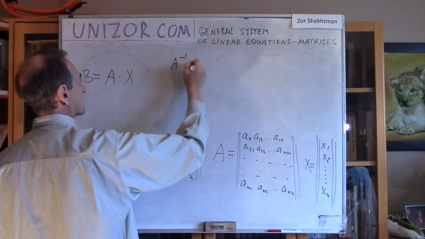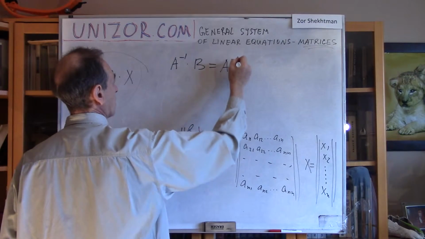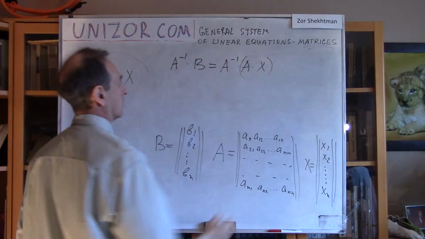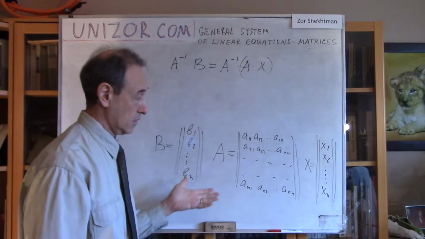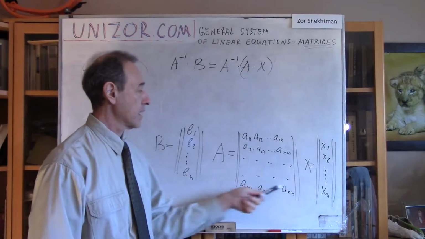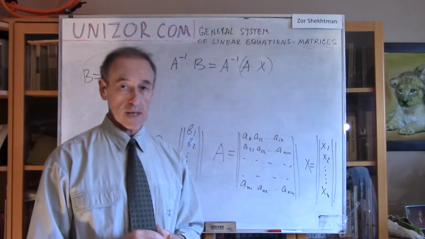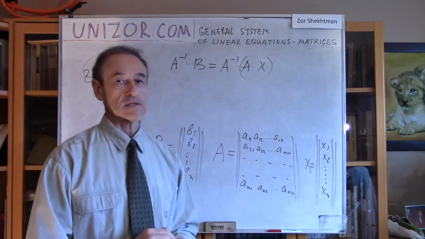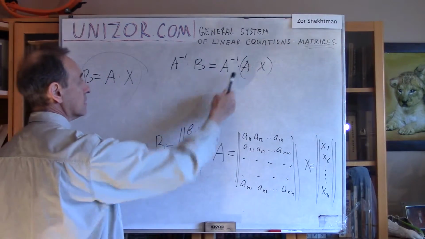Multiply both sides of this equation by an inverse matrix to the matrix of the coefficients A. It's a square matrix, n by n, so hopefully it has an inverse matrix, which is not always the case, I understand that, but let's assume that it does have an inverse matrix. So if it does, then this thing is true.